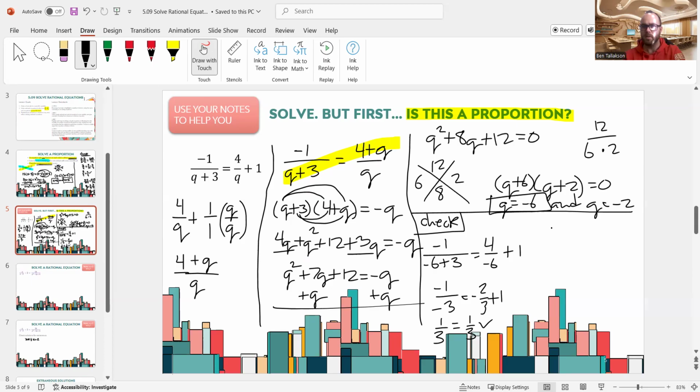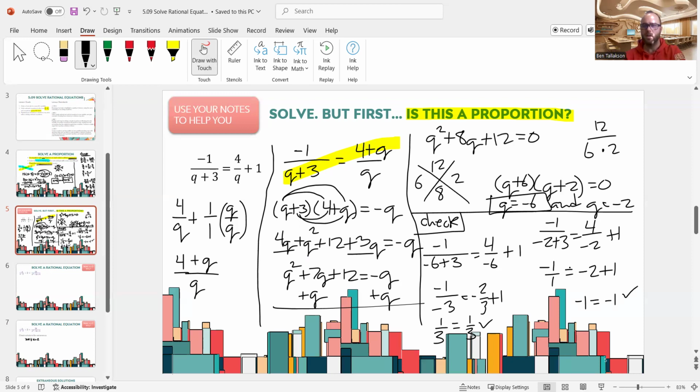Now, what about the other? Let's see. -1 over -2. Okay, -1 over 1. What do we have here? 4 over -2, so -2 plus 1. So we get -1 equals -1.